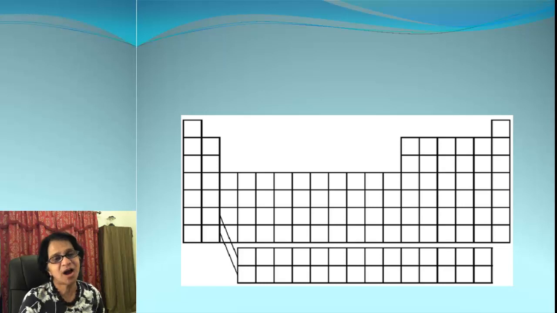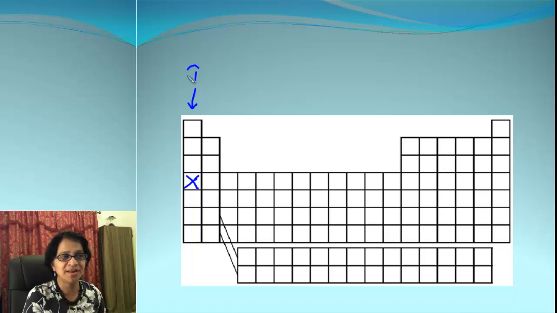Let's go back and find out how we can predict the oxidation number or charge on an ion by using the periodic table. The first step is to identify the element and locate it on the periodic table. Let's say maybe I have an element which is right over here. That comes in group number 1. And if it's group number 1, we know the charge is +1.